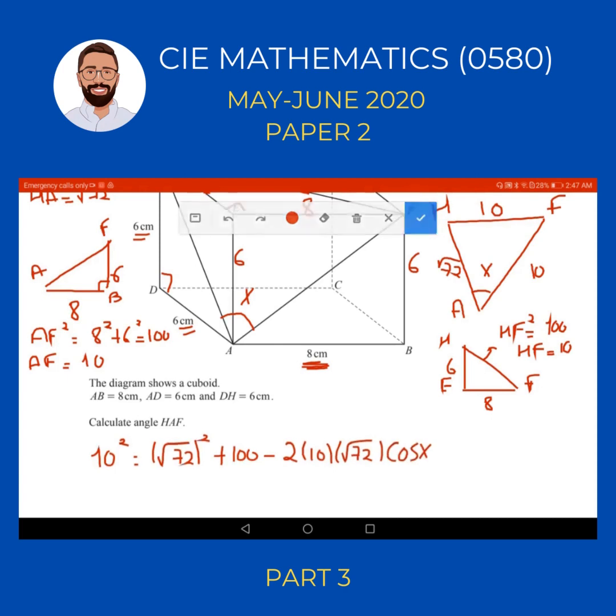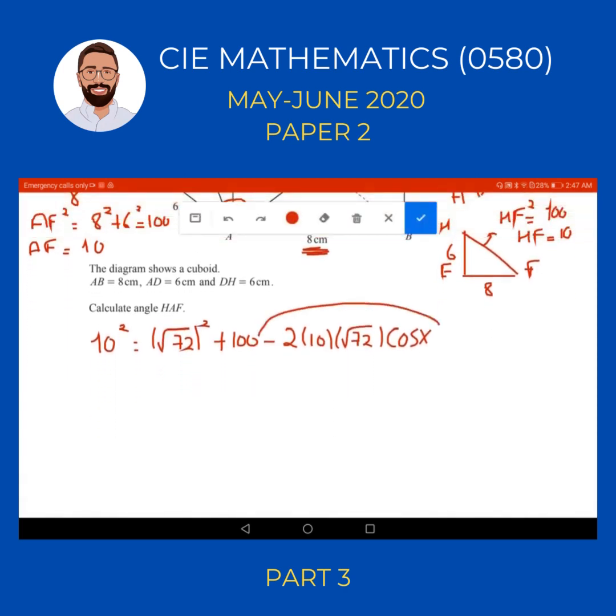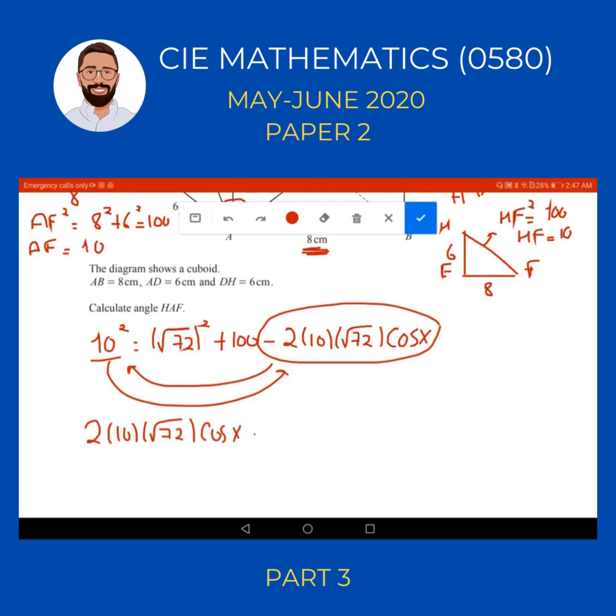So to find X, I want to move this whole thing to the left and 10 squared to the right. So it becomes 2 times 10 times the square root of 72 cosine X equals, now the square root of 72, all of it squared, is the same as 72, plus 100 minus 100.